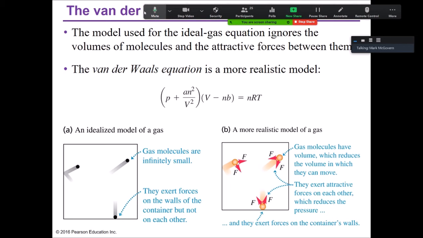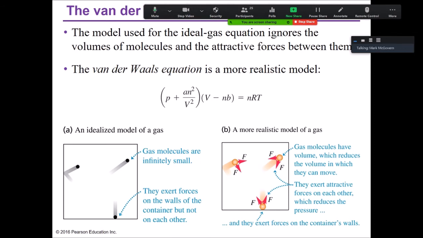And so this factor here, nB, the n is the number of moles, and the B is a statistical factor depending on what the molecule is like. That does effectively reduce the overall volume in which the gas can exist.